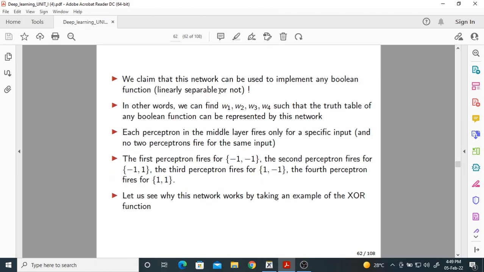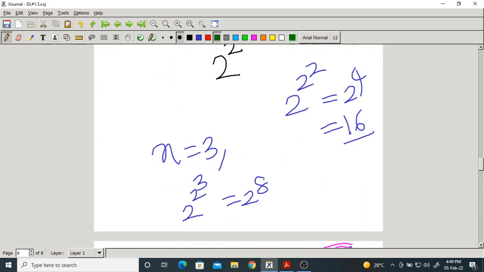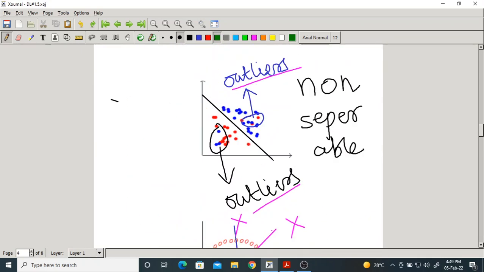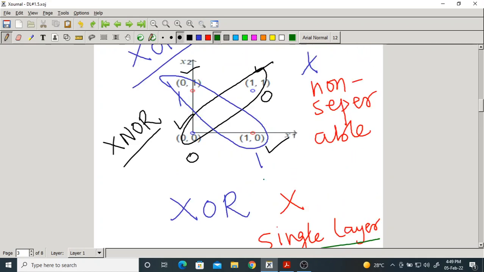So we claim that this network can be used to implement any Boolean function. In the starting itself, I told you that using a single perceptron, you cannot implement XOR and XNOR because they are not linearly separable.